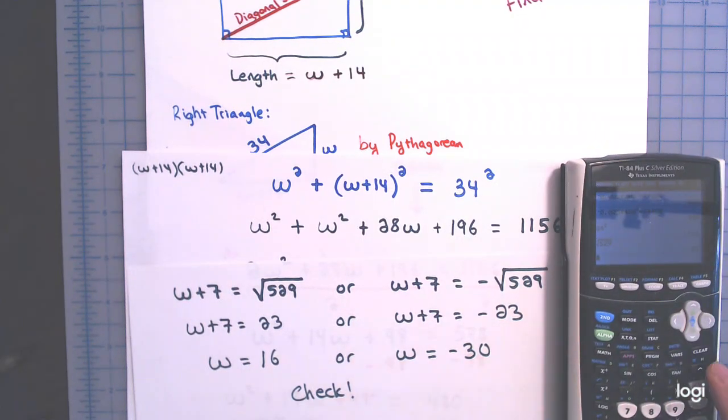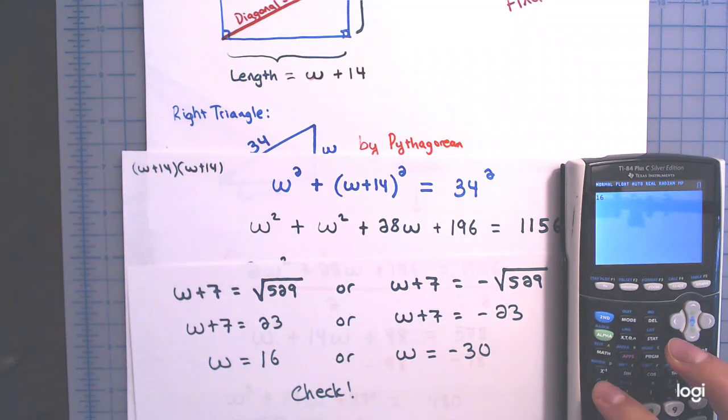I'm going to punch in my calculator on the other side 16 for w, and hopefully we get 1156. So, 16 squared plus the quantity 16 plus 14 squared, or 30 squared, that is 1156. Great. So 16 is good.